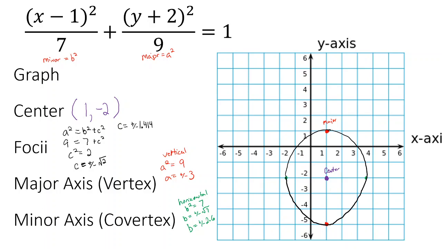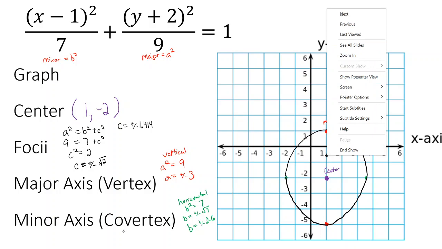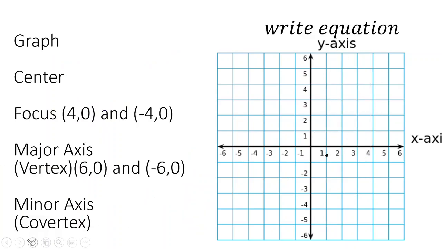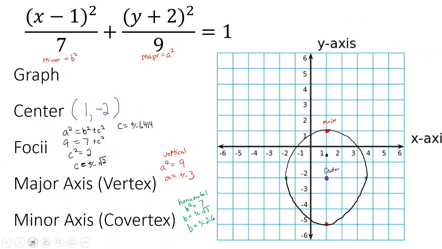Okay? So that means I'm going to go up about 1.5. And let me get a different color to do that. Blue, 1.5. We got a foci, and 1.5 down, we get a foci.